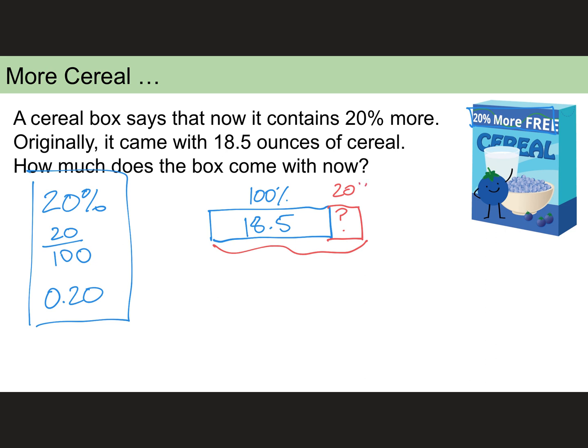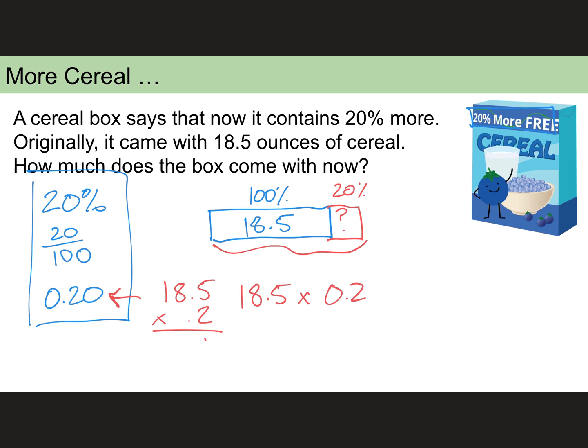So if there's a 20% increase, one way to find that is I could take 18.5, what I had originally, and multiply it by 20%, or 0.2, because 0.2 is the same as this decimal here. And I could do that long multiplication and find that solution.